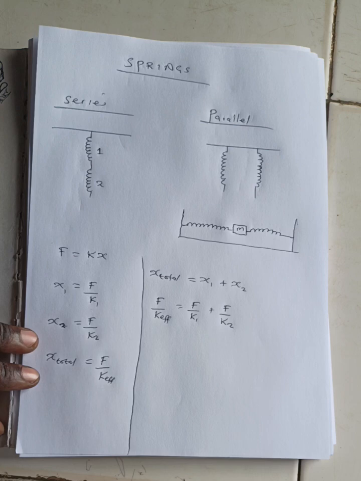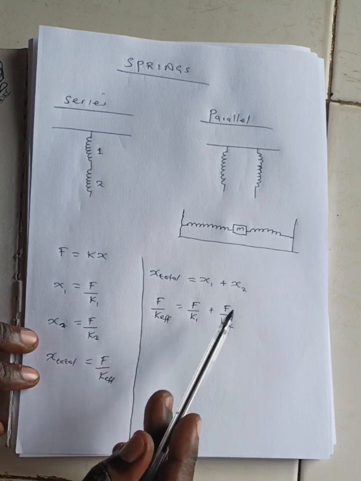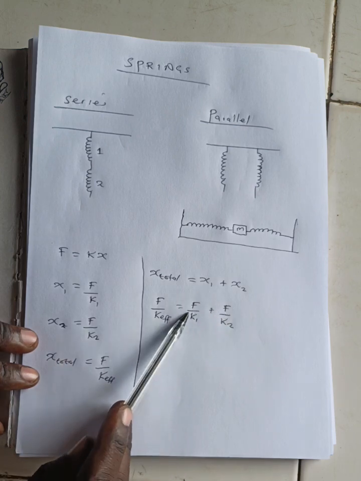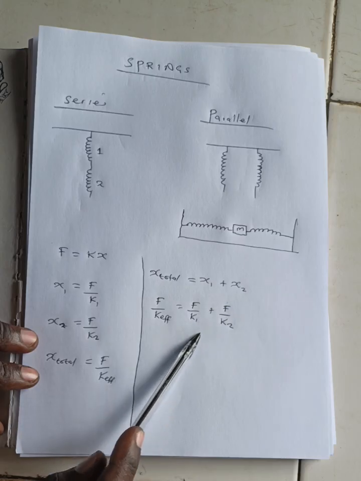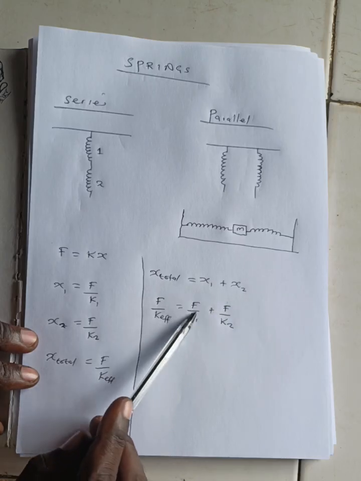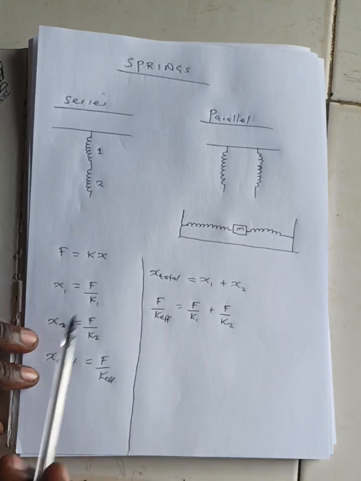Then from there, we have F over K1 added to F over K2. We can factor out F since F is common here and there.